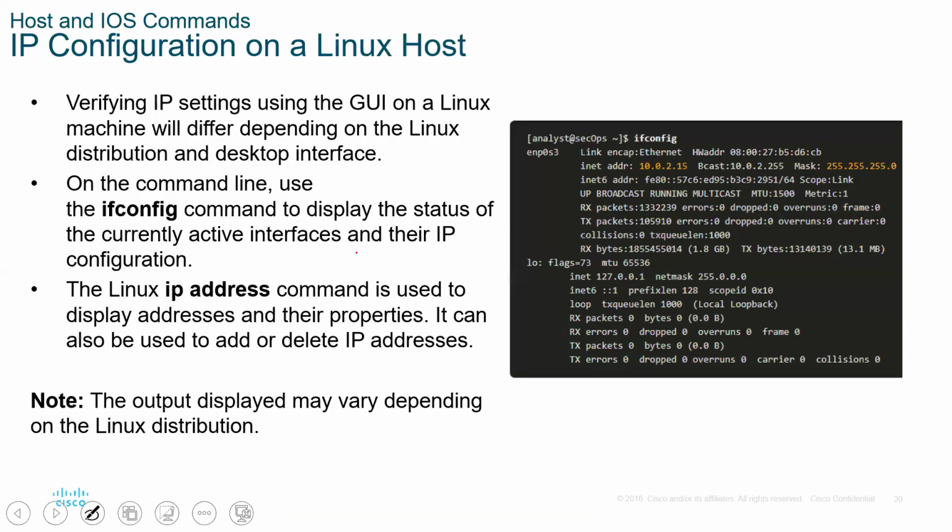But if you're using a Linux system, you don't use ipconfig. You use the command ifconfig. Once you use ifconfig in Linux, it's going to give you the details: the inet address, which is the IP address, the broadcast address, and the network mask as well. So that is how to use it on Linux. The Linux ip address command is used to display addresses and their properties.